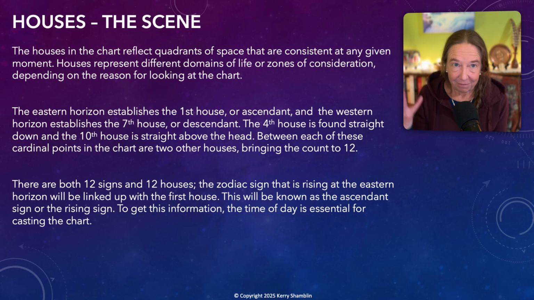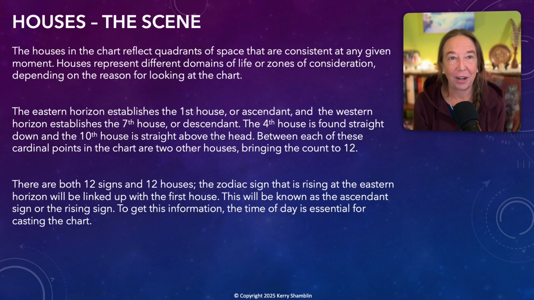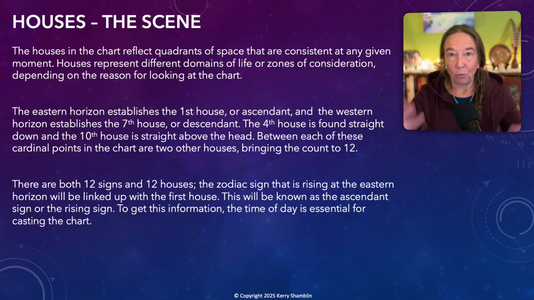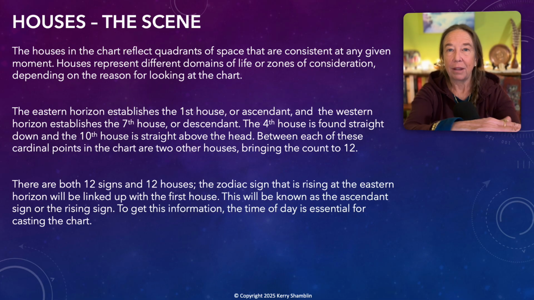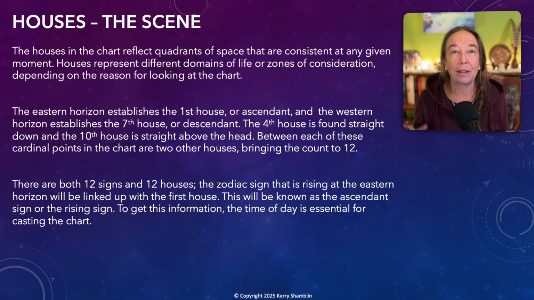Okay, now the houses. First house, second house. The houses reflect the quadrants of space that are consistent in any given moment. I'm going to say that in a different way. Right here, right now, if I'm looking east, whatever's on the eastern horizon is the first house of any given time and place.